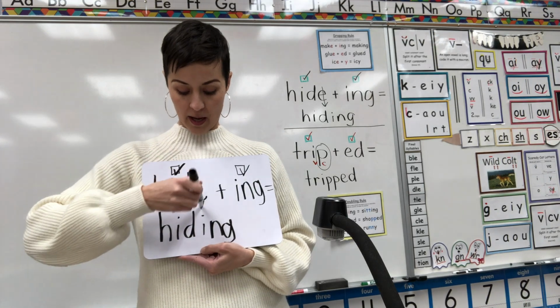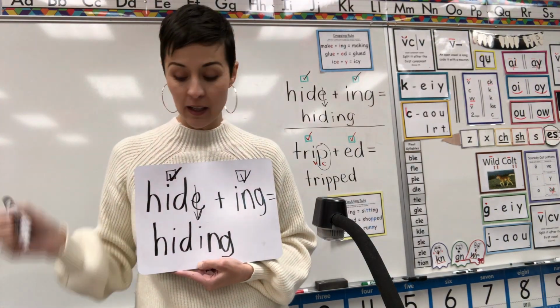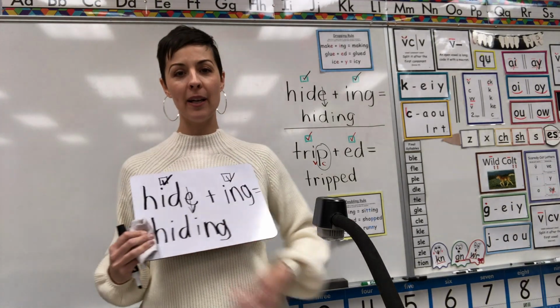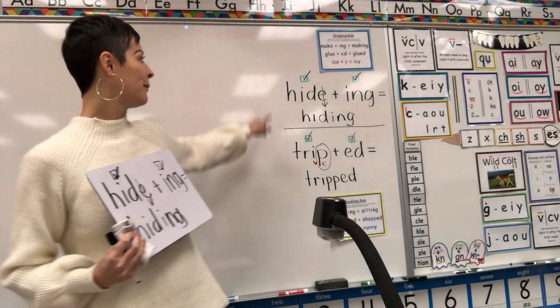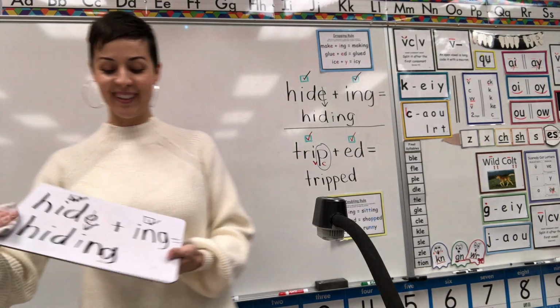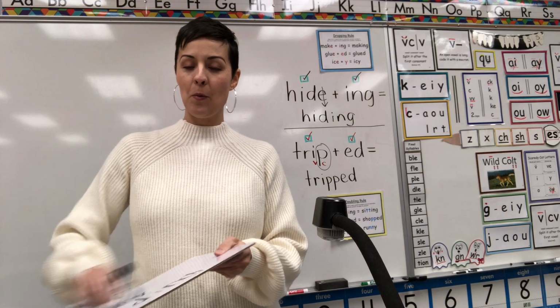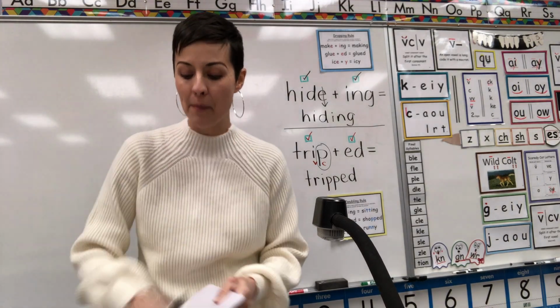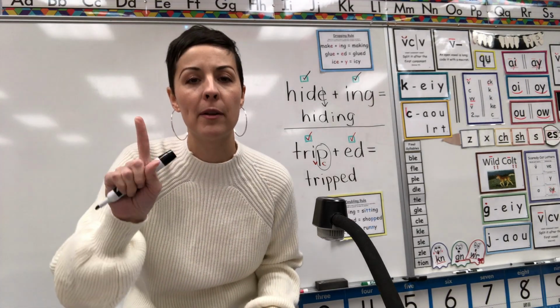We should have dropped that E out of root word hide. Erase, erase. Oh man. You know what I just noticed? Hiding was right here. Oh, no wonder that was so easy. I'm gonna have to give you a trickier one. I'm gonna have to get trickier. Hold on, let me get my tricky eyebrows out just a sec.